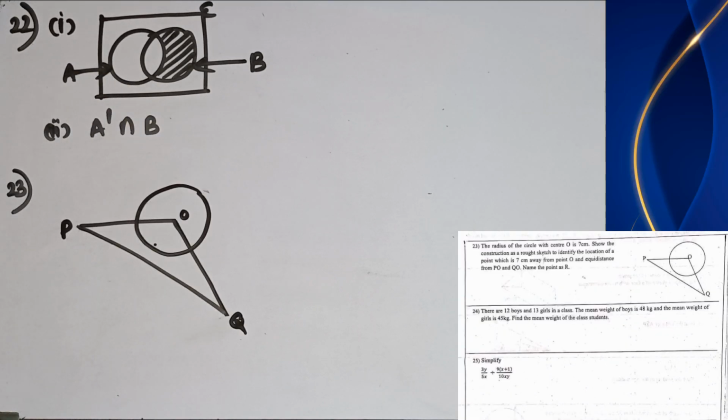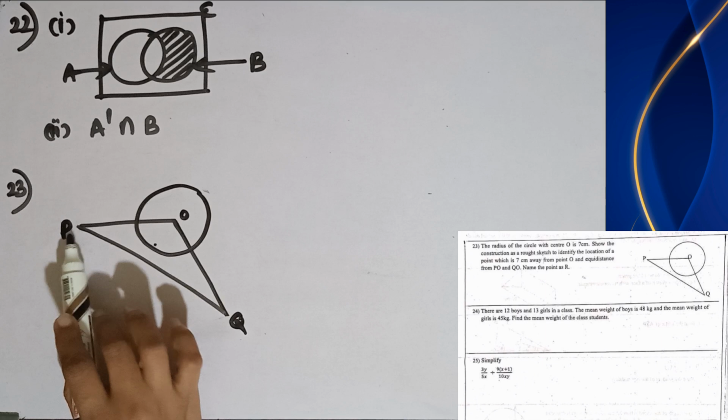Question number 23. The radius of the circle with center O is 7 centimeters. Show the construction as a rough sketch to identify the location of a point which is 7 centimeters away from the point O. That means on this circle, and equidistant from PO and QO.